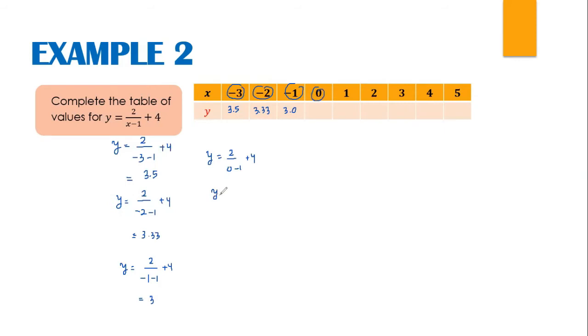We got y equals 2. Just put here 2.0. And so on. We just follow the equation by substituting x based on the table into the function, and then directly you will find the value of y. That's the method. That's very easy, right?